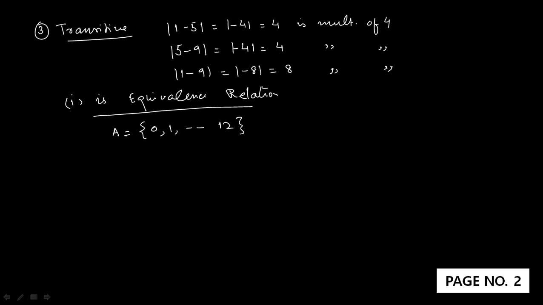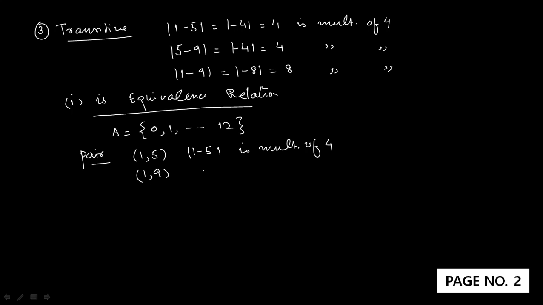We have to consider the elements using this set. Now the pair is (1, 5) including 1, because |1 minus 5| is a multiple of 4. Second one is (1, 9).